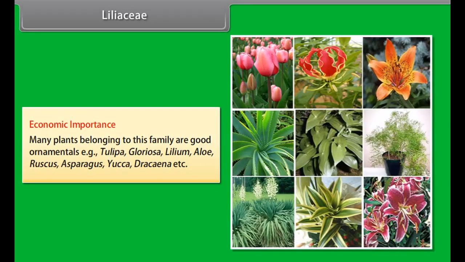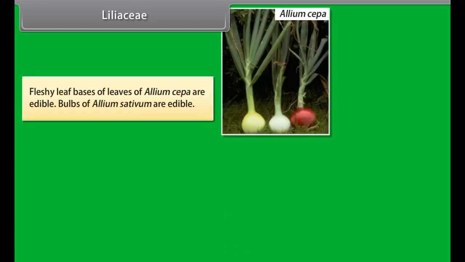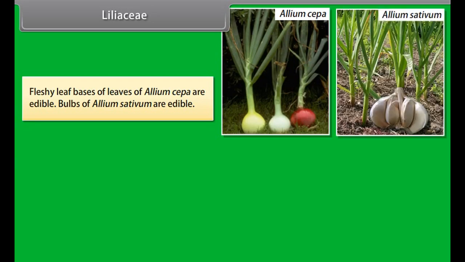Economic importance. Many plants belonging to this family are good ornamentals. For example, Tulipa, Gloriosa, Lilium, Aloe, Ruscus, Asparagus, Yucca, Dracaena, etc. Fleshy leaf bases of Allium cepa are edible. Bulbs of Allium sativum are edible.